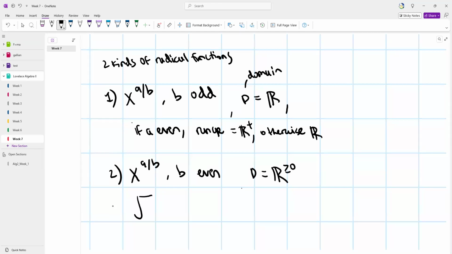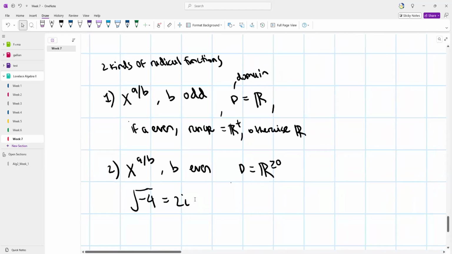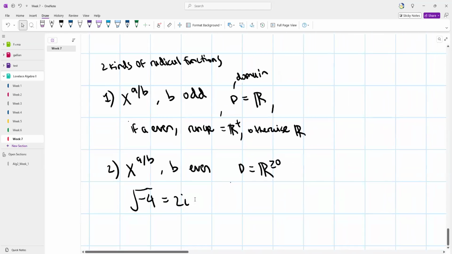What if we have the square root of negative 4? Then we have to invent a new thing called i, right? 2i. But in functions, we won't be doing that because the function we're considering right now should map from real numbers to real numbers. And 2 times i is not a real number, so we cannot be considering that. And therefore the domain has to be greater than or equal to 0.